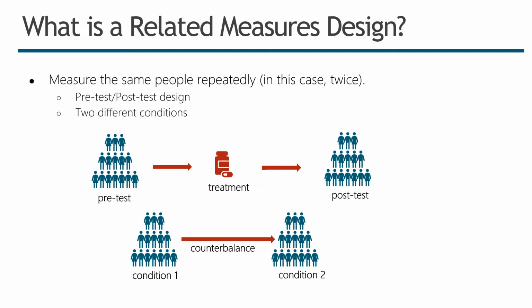However, we might find that stress levels are different in those 2 different times just because of the passage of time. And so what we would do is counterbalance typically in this type of research, where half of the people start with condition 1 and the other people start with condition 2, and then they flip-flop the second time. Either way, the data is analyzed the same way. When you have the same people measured twice, you're going to use a related measures t-test.